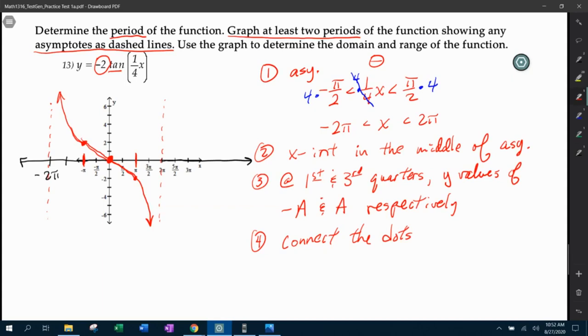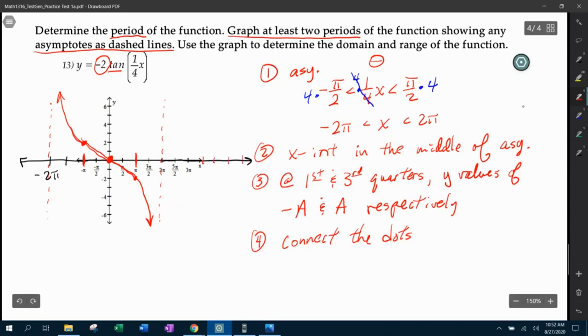Now notice the distance between asymptotes is 4 pi. Negative 2 pi to 2 pi, that's a total distance of 4 pi. So if I want to go another asymptote, I'm going to have to go another 4 pi.